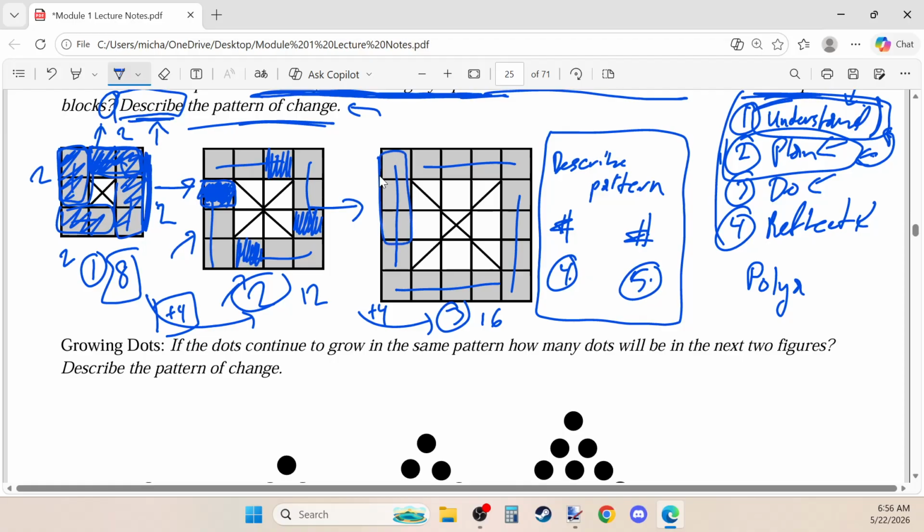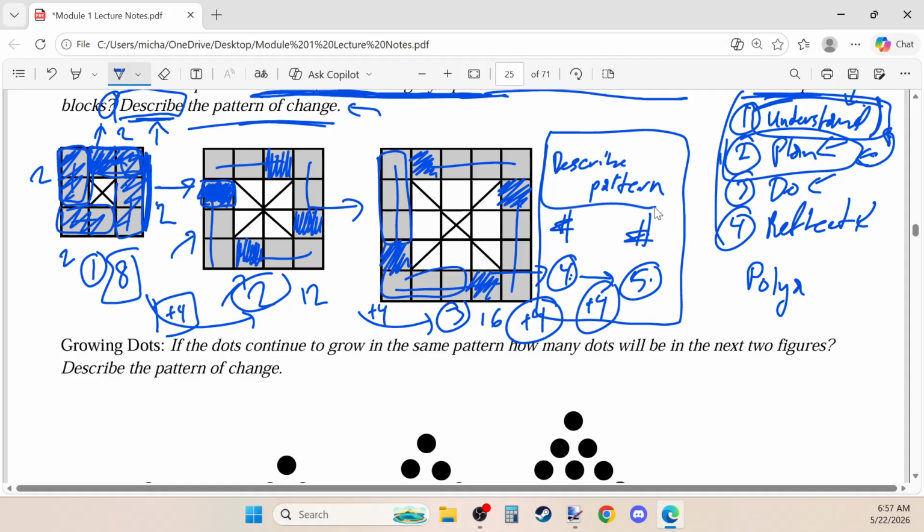I had groups of 3, but now I'm adding a 4th block to my group of 3. I have 4 groups and I add 1 block to each of them. That's adding 4 blocks. I still have 4 groups. I add 1 block to each of them. That adds 4 blocks. So the pattern is going to continue. I'm always adding 4 blocks at each step.